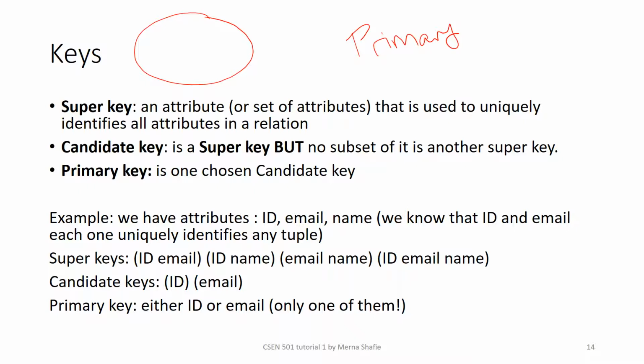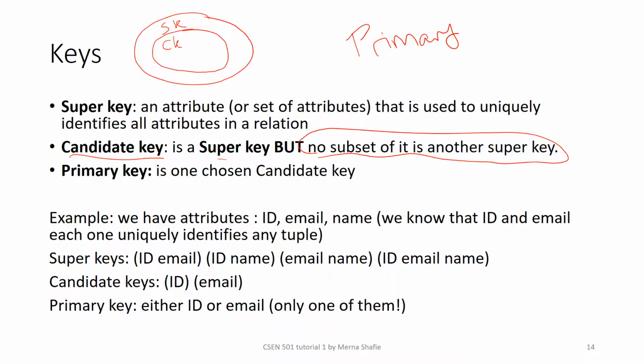طيب الكانديديت كي ده عباره عن ايه؟ الكانديديت كي ده is the second thing that you need to learn. Candidate key is a super key، يعني هو واحد من البول ده بس عنده constraint، يعني هو subset منه، يعني ده السوبر كي ممكن نقول ان الكانديديت كيز بتاعتنا هما شويه منهم. ايه بقى الحاجه؟ ان احنا no subset of it is another super key. يعني لو خدت الاتريبيوت او السيت اوف اتريبيوتس اللي انت اديتهم لي كسوبر كي، ولو قعدت اخد كل بارت منهم ما لقيتش ان ولا بارت منهم is also another super key، يبقى then this is called a candidate key.